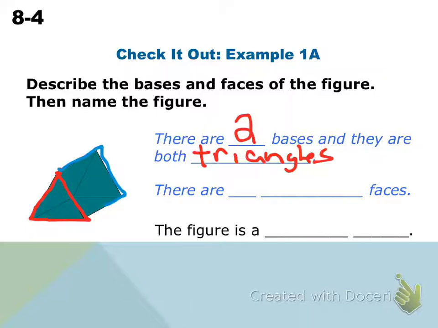Our faces are right here, which those would be rectangles. But how many are there? We've got 1, 2, and 1 on the bottom, so there are 3 rectangular faces. That would make this a triangular prism.